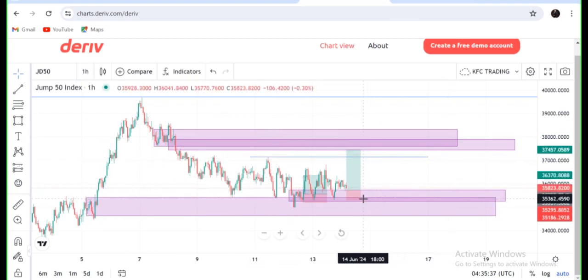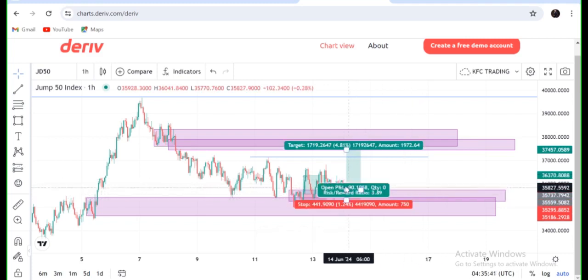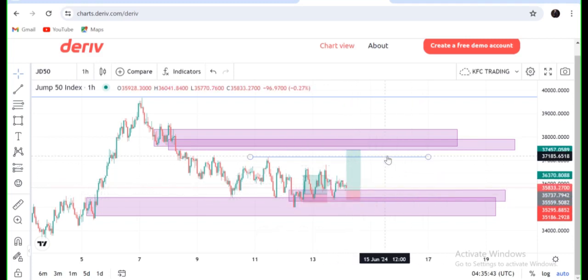So now I'm expecting price to break out, just like the name jump. I'm expecting price to jump up to this level where we're going to start breaking even, because we want to flip this account, which I just showed you the balance. Then from breaking even, we'll manage it until it comes to take profits.